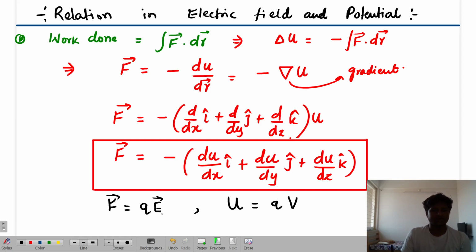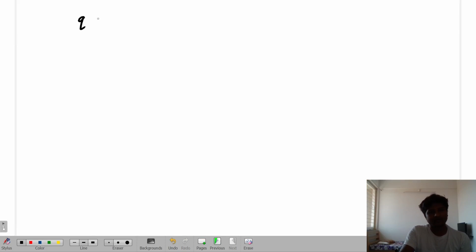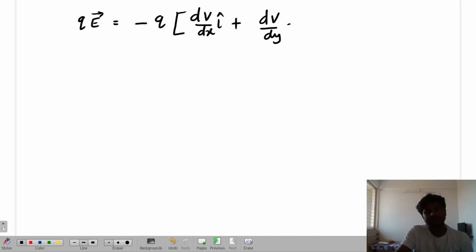So I can relate electric field and potential also, or not. How? I can write Q into electric field E is equal to minus Q, which will be common, into dV by dx i cap plus dV by dy j cap plus dV by dz k cap, isn't it?